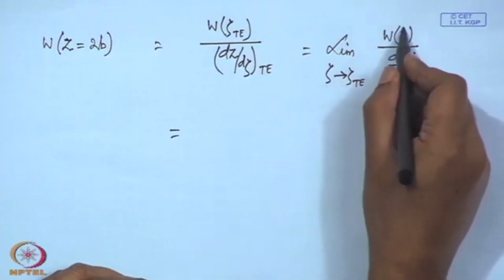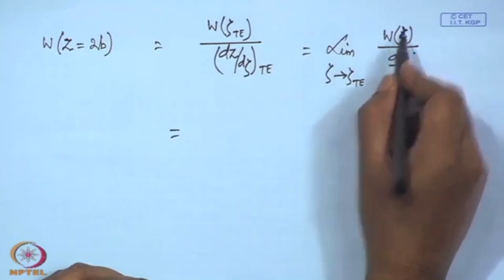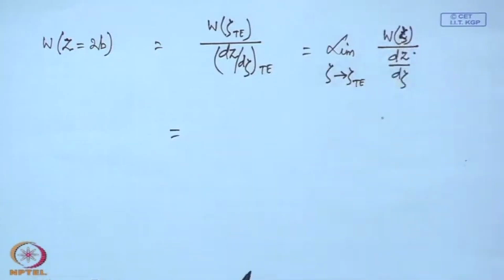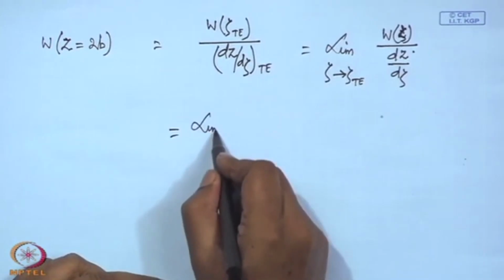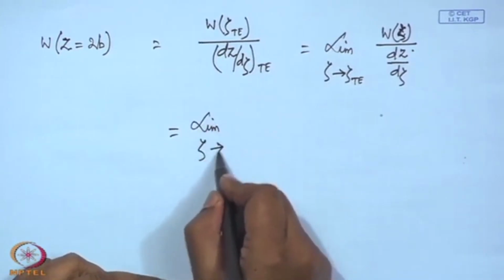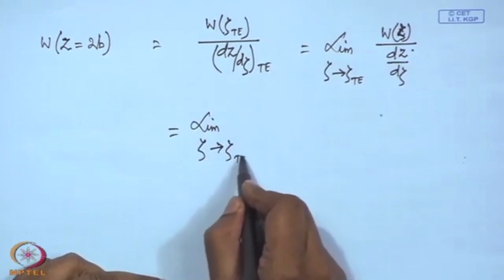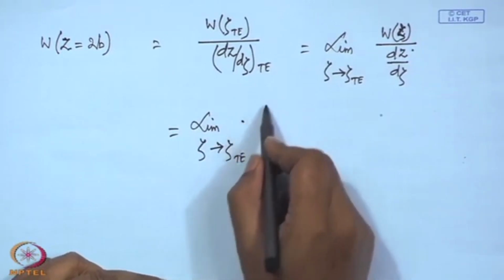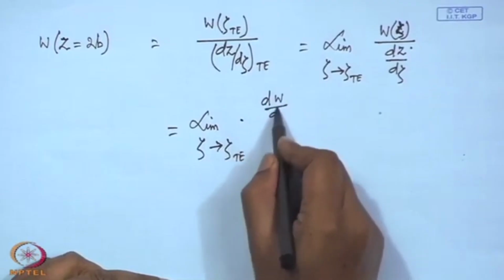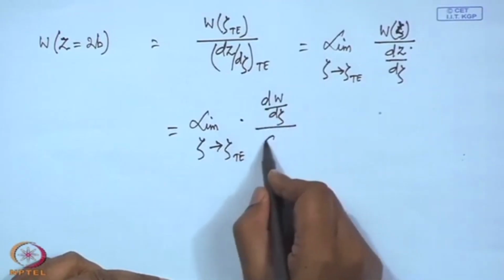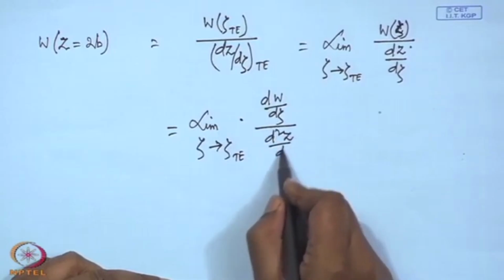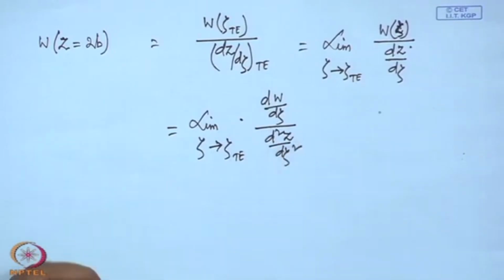Oh, W, sorry, W. How to find the limit then? It is known to you. You can use L'Hopital's rule, and that gives... Now, you can find what it is.